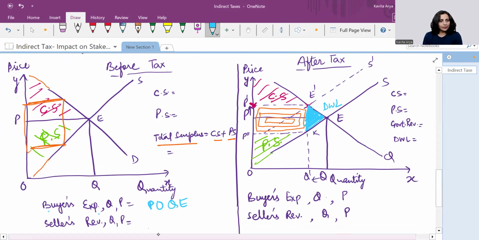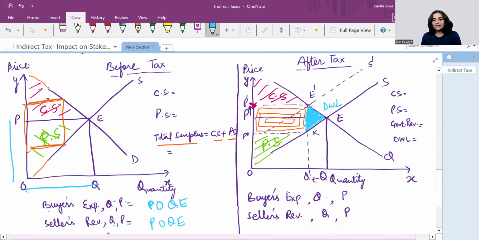The seller's revenue is, because what the buyer is spending is going to seller, again the P, O, Q, and E is going to the seller, because this is the quantity traded and it is traded at this price. So this is the situation before tax, right? So quantity and price remain the same. OQ is the quantity, OP is the price. But let's understand what happens to the buyer's expenditures and seller's revenue after taxes.